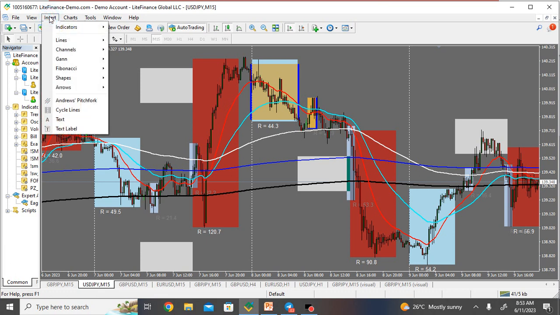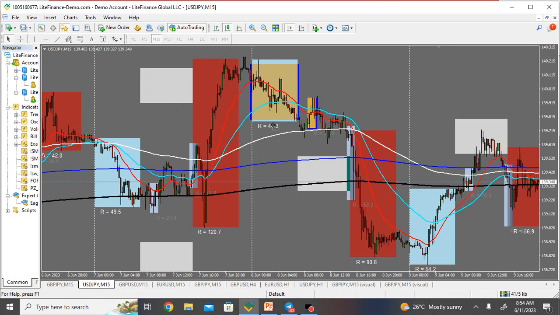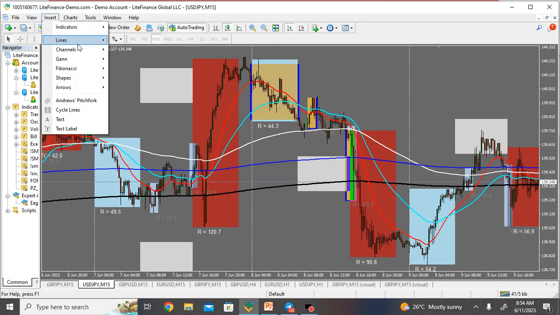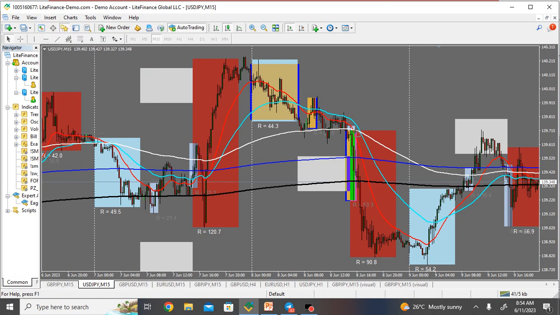This is the end of the London session where it overlaps with the New York session. The New York session is the red one. So the New York session overlaps with the London session.